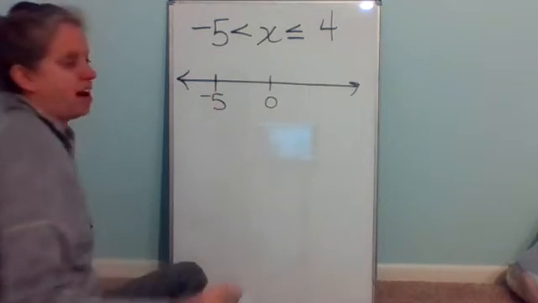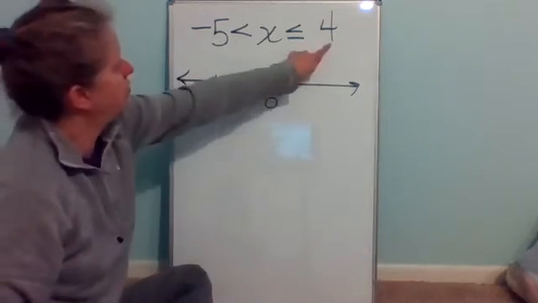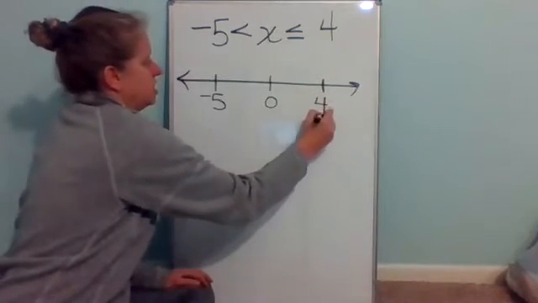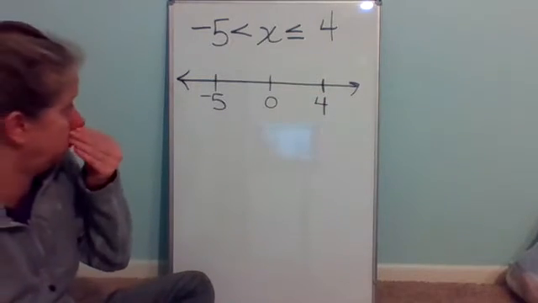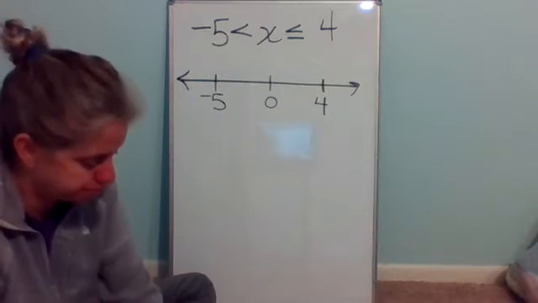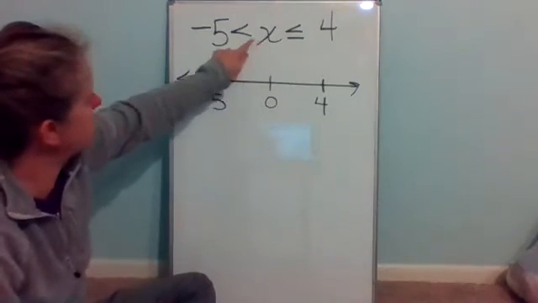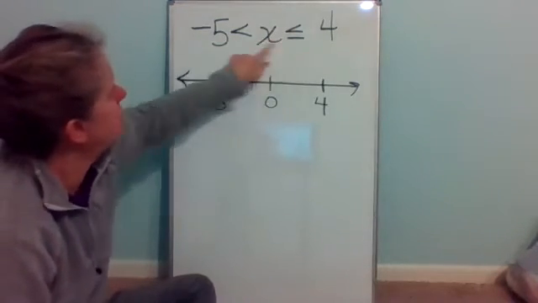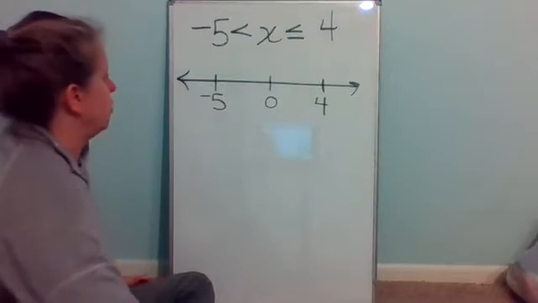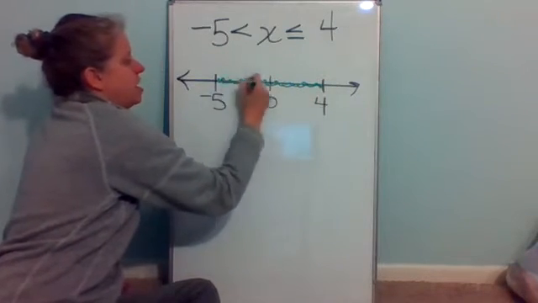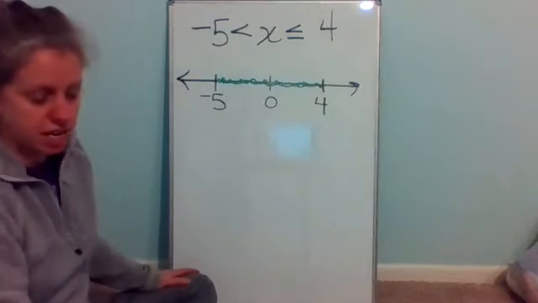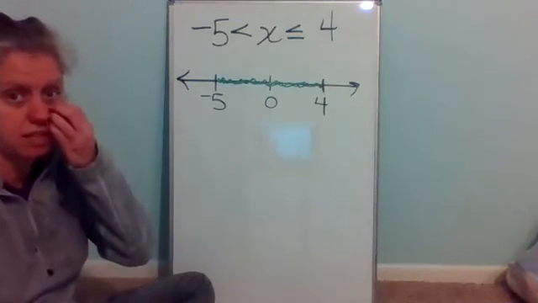So I'll just put the -5 here. 4 also needs to be represented, and since it's positive, I'll put it over there. Now, remember, since x is actually in between -5 and 4, that's what we're going to show. All this in between -5 and 4 is what's going to be shaded in.